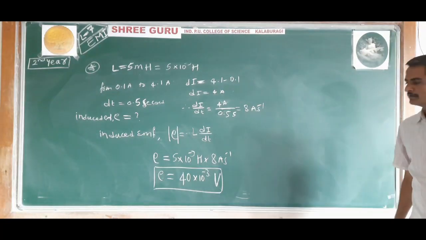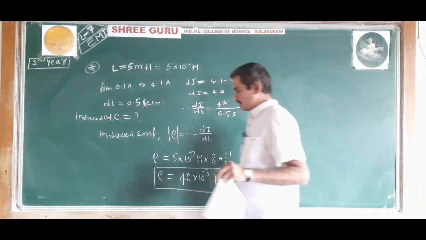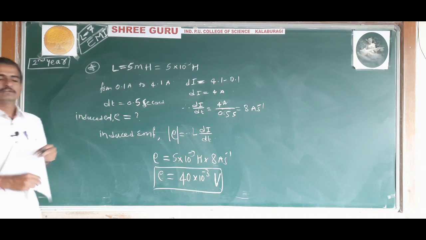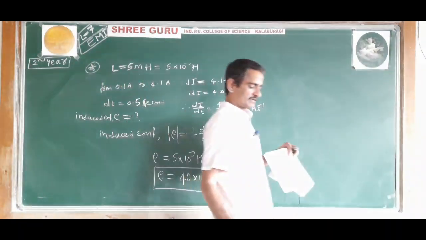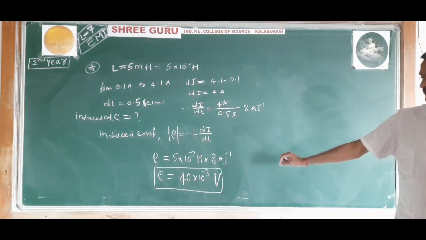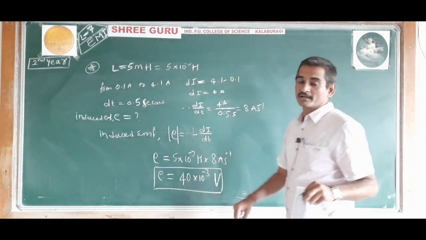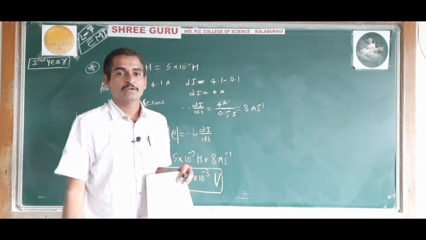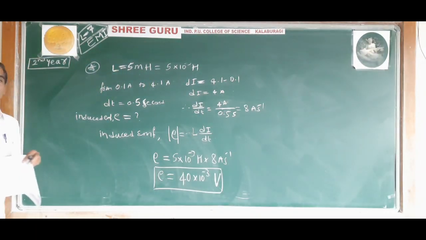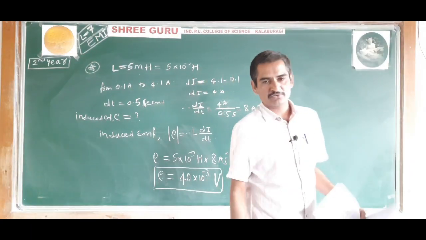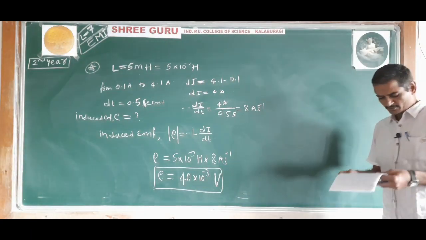So that is a very, very small EMF. Whenever you are solving numericals, just concentrate on the number, what type of number you are getting. Very small values. Induced EMF you are getting as very small. Understood? Okay. So next question.